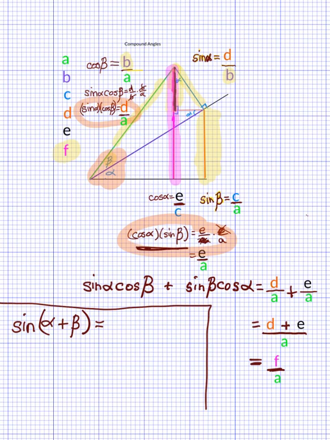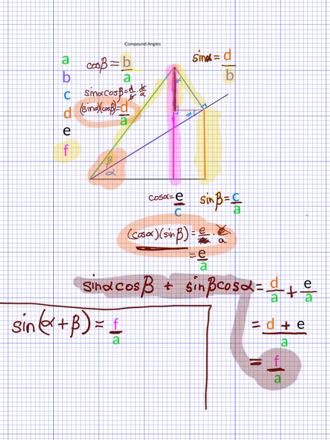So that would be equal to pink, which is f, divided by the green, which is a, f over a. But wait a minute, isn't that what we just said? Sine alpha cos beta plus sine beta cos alpha equals?